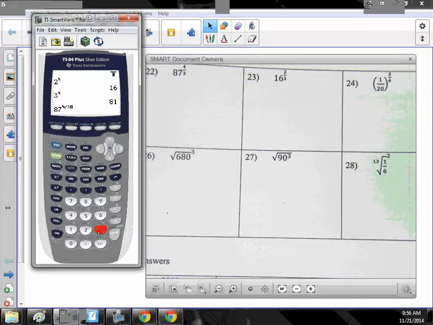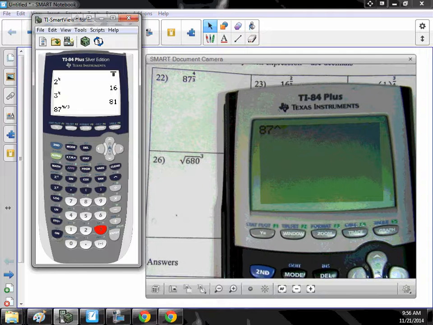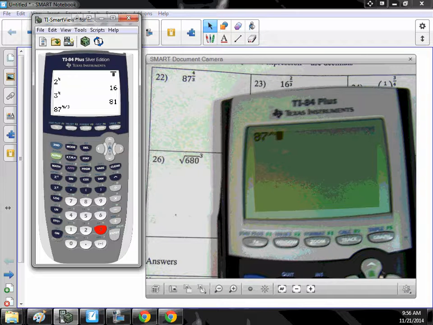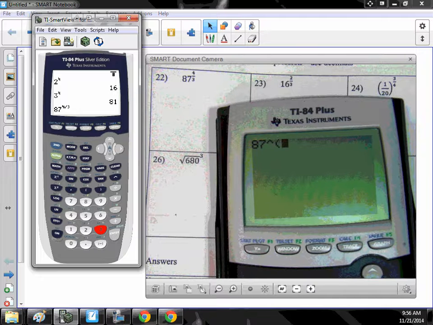And if your calculator doesn't lift up the exponent like mine, if you see that little caret button, then you need to put parentheses around the 4/3. So if your calculator looks like this, then you need to do parenthesis 4/3.